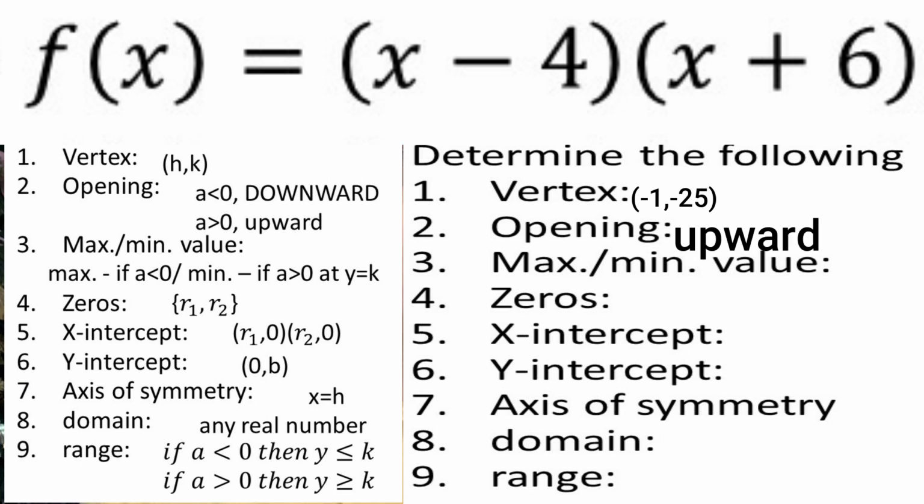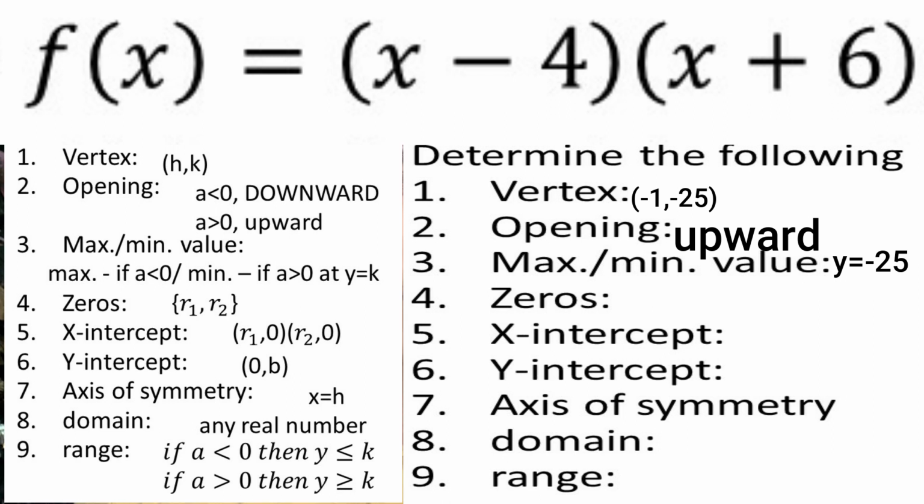Now let's move on to the maximum and minimum value of the given quadratic function. Since our opening is upward, the minimum value will be at y is equal to negative 25. Now let's have the zeros of the given function.